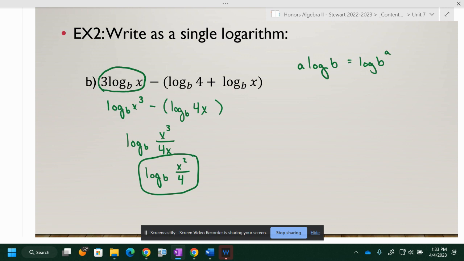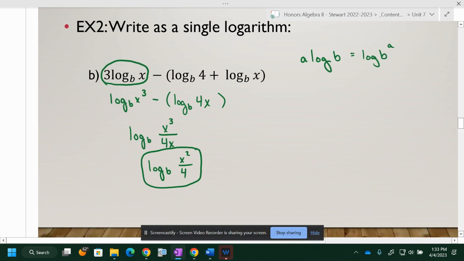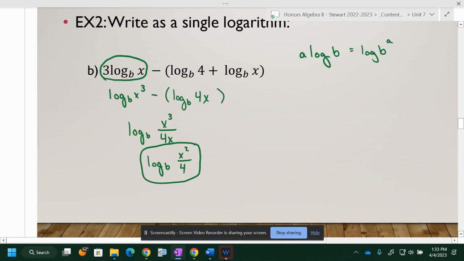It's the second term. So whatever you're subtracting by goes in your denominator. If they don't have the same base, like where you see the b's, you can't combine them.